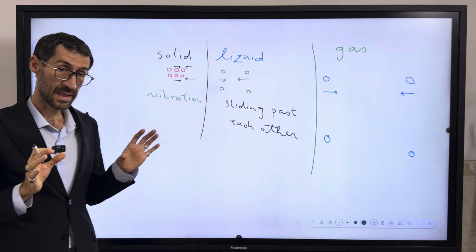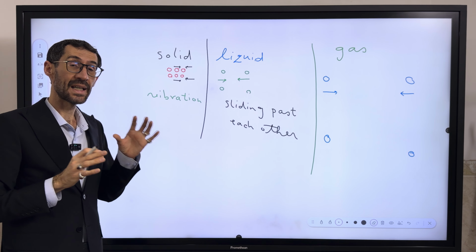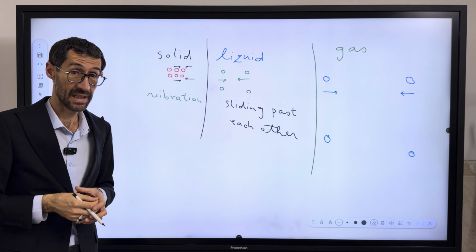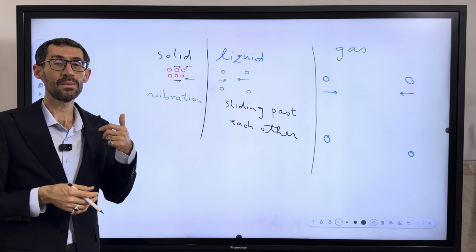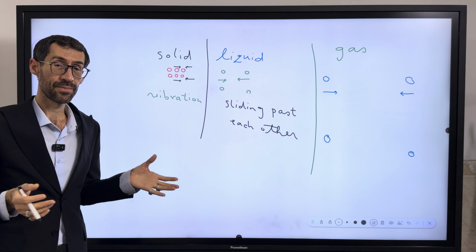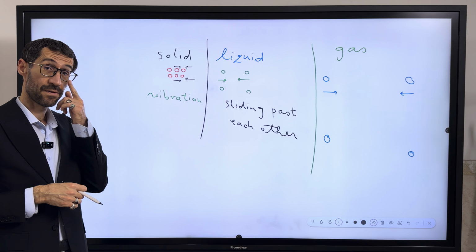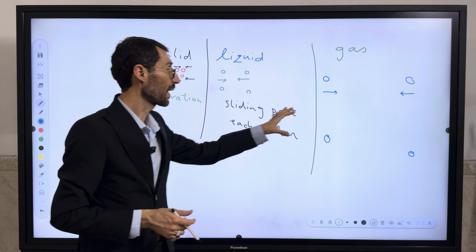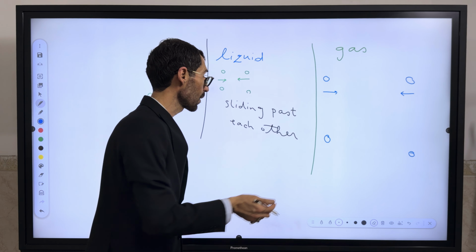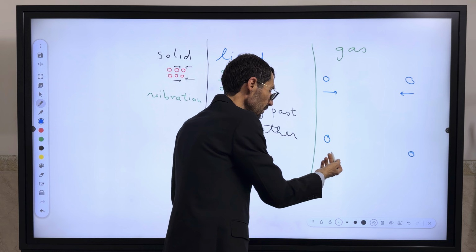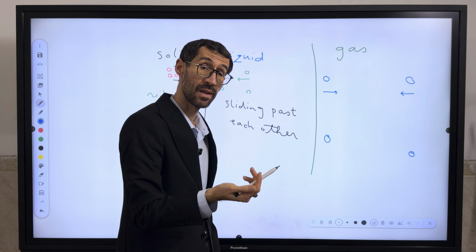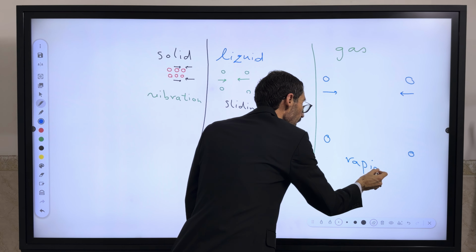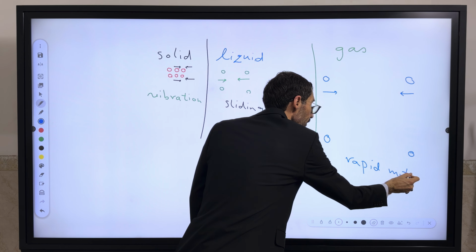You have to put them in a container and fasten the cap of the container, otherwise it escapes from the container. That's why we have free motion, or very rapid motion. We have a rapid motion here.